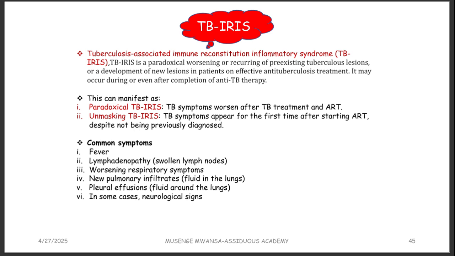So when you start treating them, the CD4 count starts to increase, like the immune system is now getting higher. So if there is any hidden TB, the immune system will now be able to see it because it has become strong because of the treatment of the HIV. The immune system has been boosted.